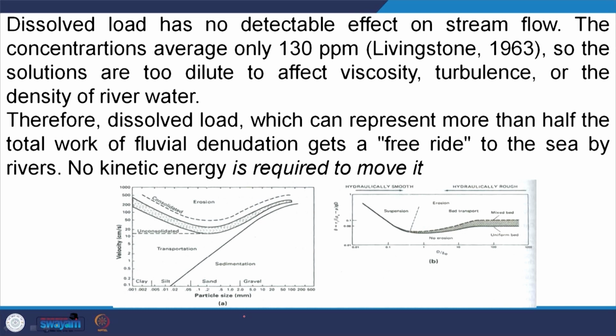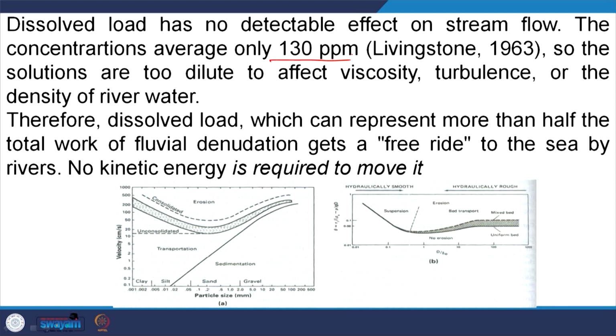Dissolved load has no detectable effect on stream flow. The concentration averages only 130 ppm. So, these solutions are too dilute to affect the viscosity, turbulence or density of the river water. Therefore, dissolved load, which can represent more than half of the total work of fluvial denudation, gets a free ride to the sea by rivers.